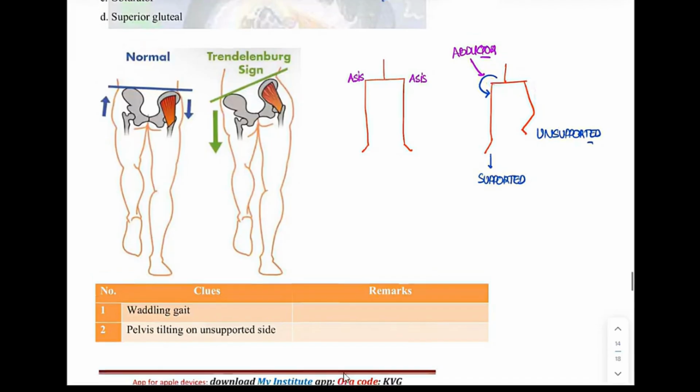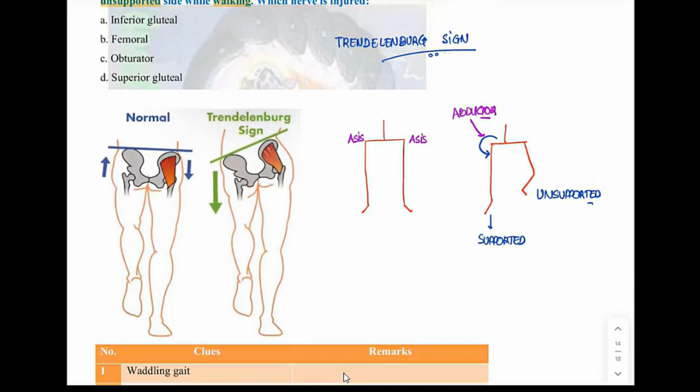So this is the Trendelenburg test or sign, which is actually checking the abductor mechanism. If the abductor mechanism is okay, both the anterior superior iliac spines should be at the same level, even though the patient has lifted one foot off the ground, right?